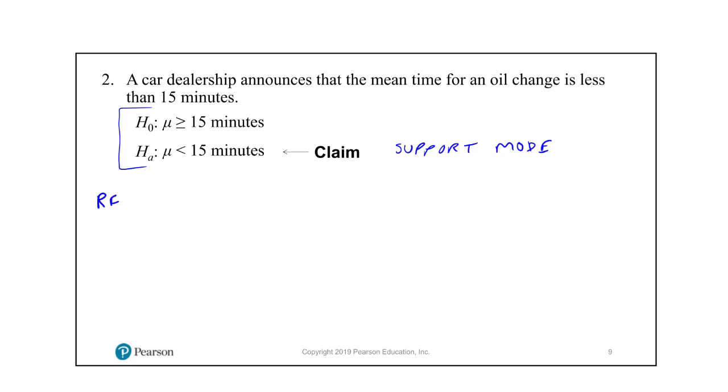So let's say we reject the null hypothesis. If we reject the null hypothesis when we're in a support mode and the claim is the alternative, that means I've rejected the null hypothesis, bringing me to the alternative, hence supporting the alternative, which is the claim.